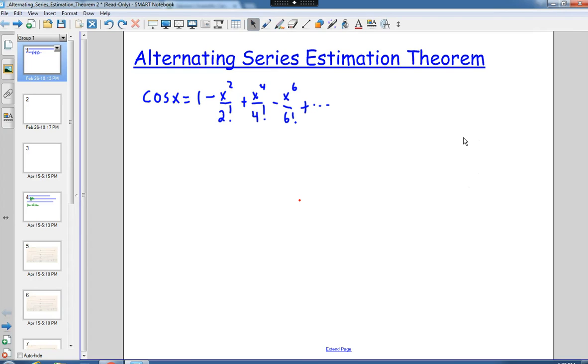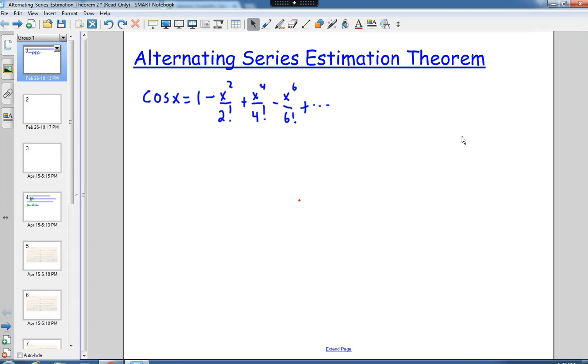So the alternating series estimation theorem allows us to work with partial sums, which we very well can calculate, and use those partial sums to determine how close we are to the actual sum of a particular series, even though we might not know what that actual sum is.